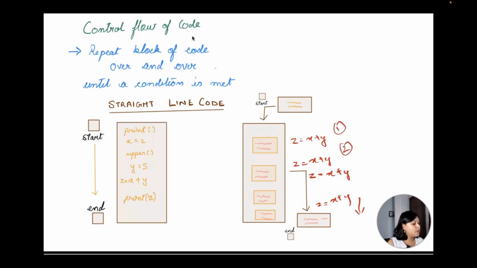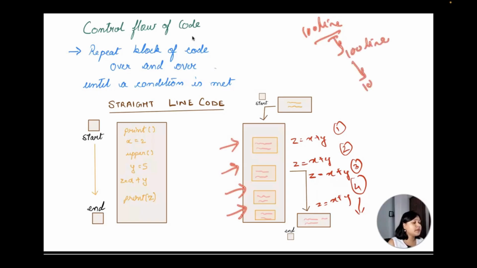We are doing this operation, let's say, 4 times. So I'm writing the same piece of code 4 times here. If I'm writing the code 4 times, then I'm repeating the code itself. And if it's 100 lines of code and I have to repeat these 100 lines every time, then my notebook in which I'm creating a Python file will be very, very huge.